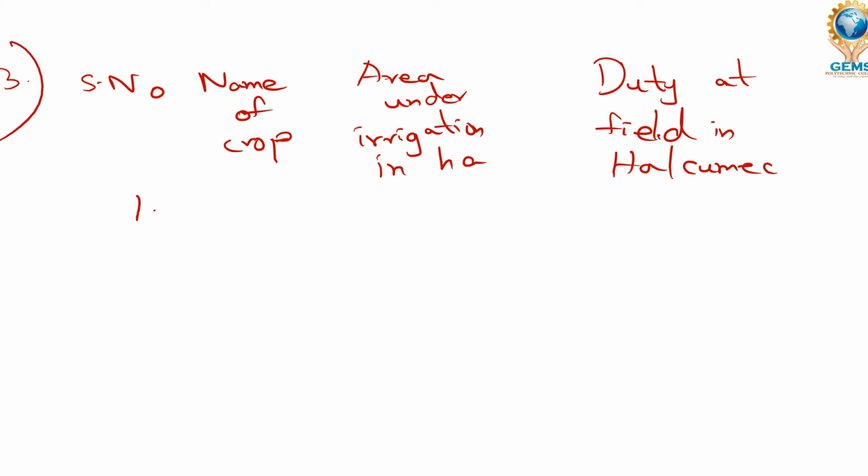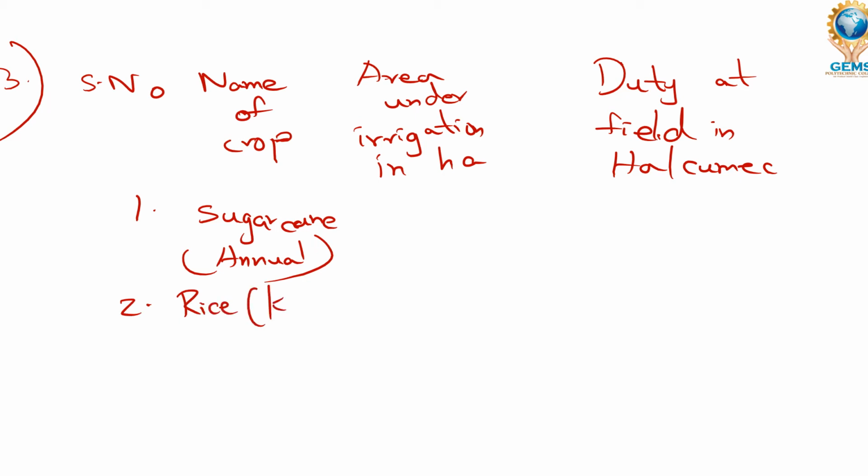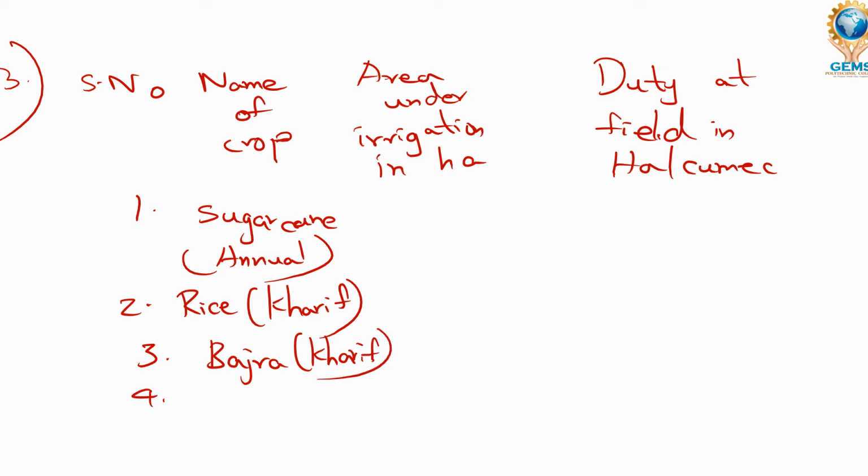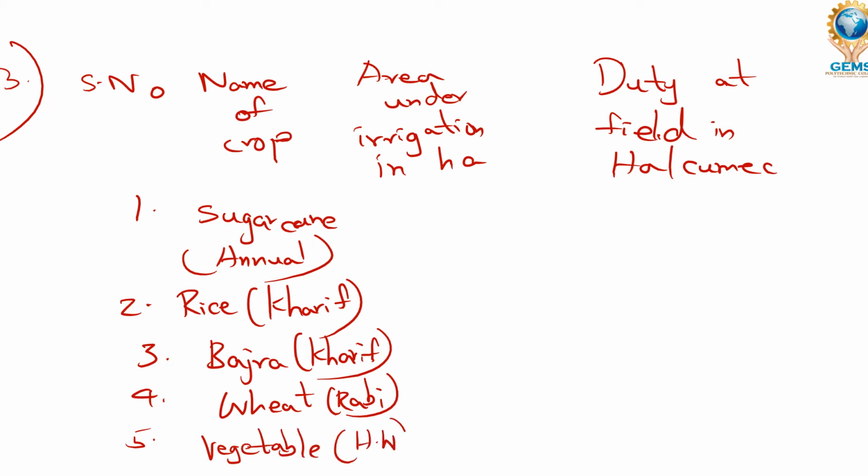And for the crops, it's sugarcane first, for which they have mentioned the season as annual. Then rice, which is in kharif season, and third one is bajra, which is also in kharif season, and fourth one wheat, which is in rabi, and fifth is a vegetable, they have not mentioned the name, which is in hot weather season.